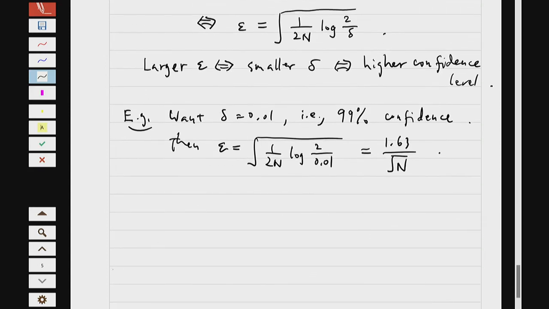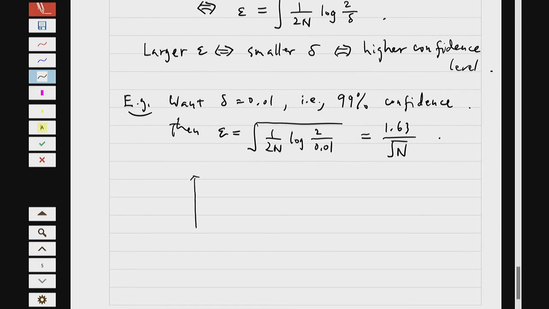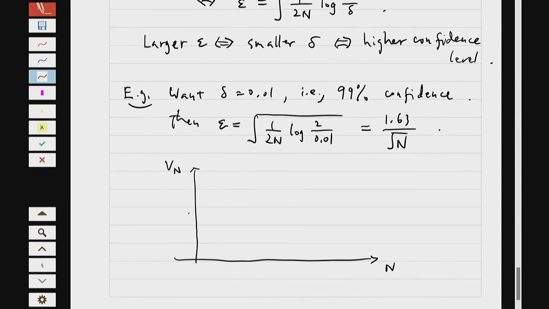If I plot this figure, again, Vn versus n, how many data points I need? Let's say mu is here. That's the mu that we want to estimate. I want to draw the confidence interval: mu plus epsilon above and mu minus epsilon below. So what does it look like? Well, epsilon is a curve that looks like this over m.